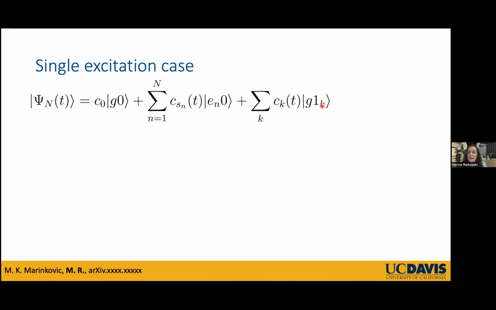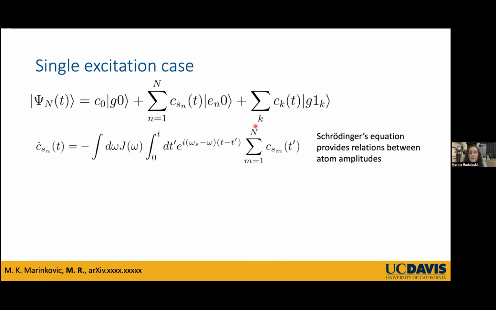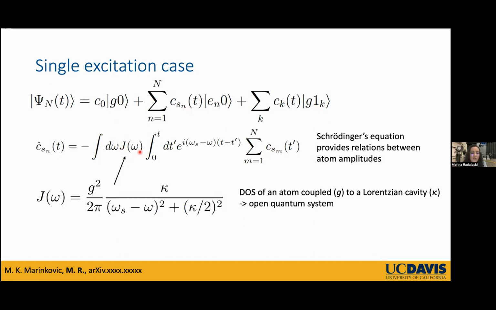Then we solve the Schrodinger equation, which gives us a relationship between these different amplitudes of atomic excitations. And here we also have this function J of omega, which is the density of states of the environment. And this is exactly where we place our open quantum system condition.